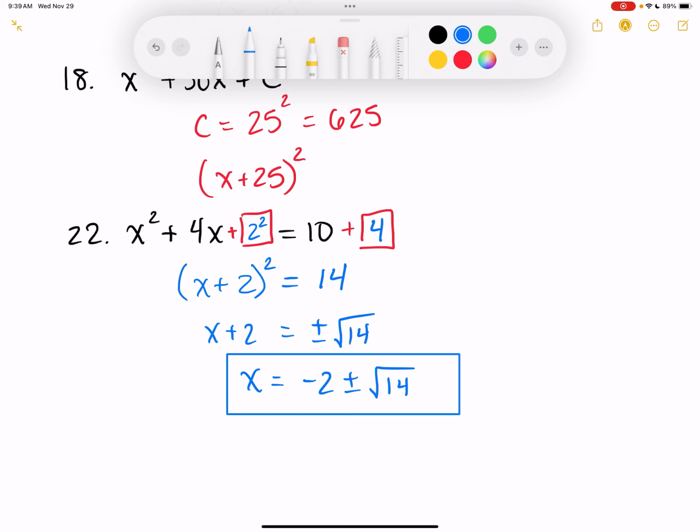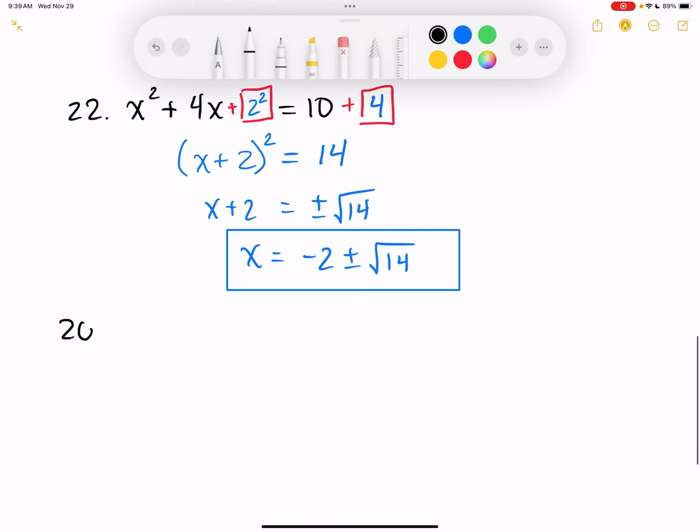Let's see. 26. X squared minus 18x plus 86 equals 0.